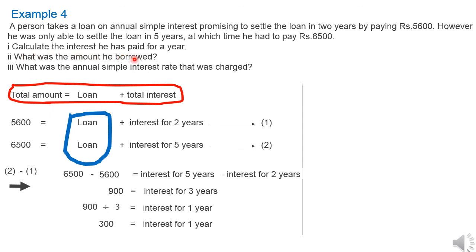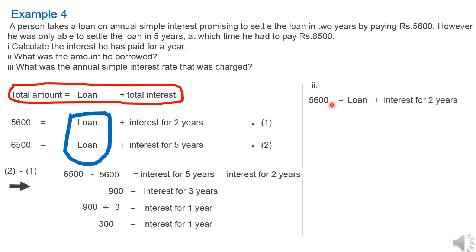What was the amount he borrowed? That means the loan amount, right? So how do we find it, student? Here you can see the first equation has loan plus interest for 2 years. Interest for 1 year is 300, so you can find interest for 2 years. Then you can find the loan by subtracting interest for 2 years from this 5,600 rupees.